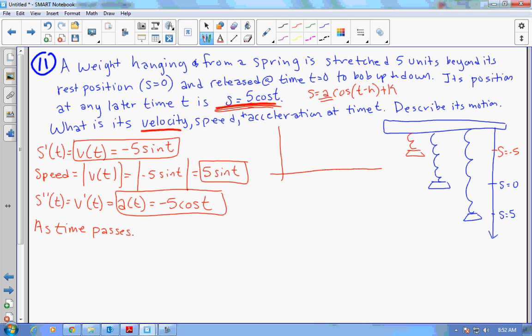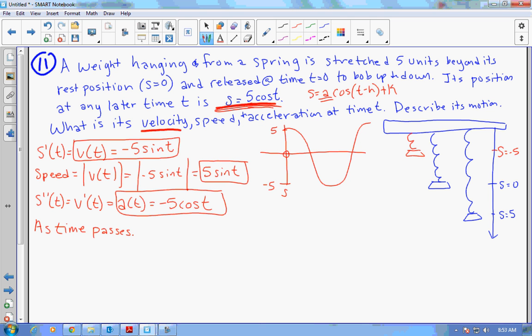We graph that. Cosine, but our amplitude is 5. So it's going to start at 5, and then it's going to go down to negative 5, and then go up, and just be oscillating over and over. This is our S function, and here is 0 of the spring.